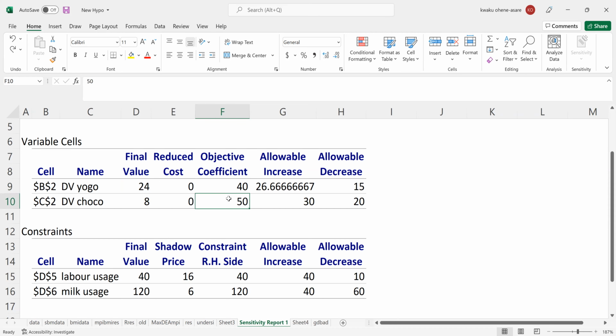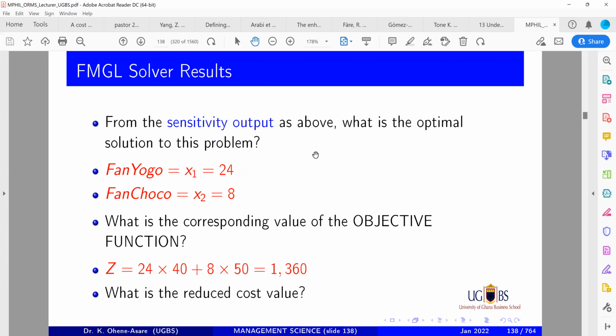Use that and you will get the objective function value. So you got to learn how to answer these two main questions. Now let's go to the next question.